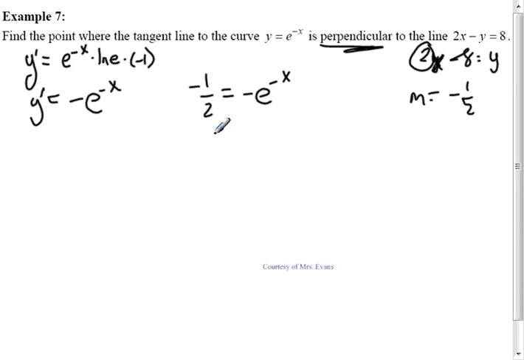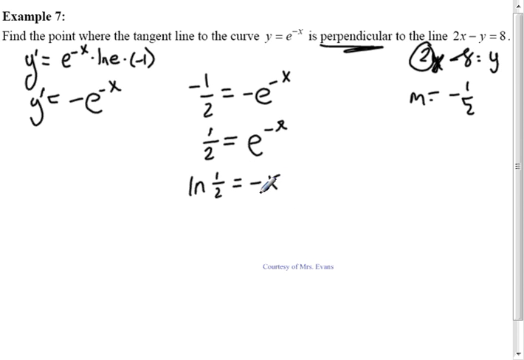So I could multiply both sides by negative 1, or divide by negative 1 to get rid of the negatives. The variable I'm trying to solve for is in the exponent, so I should rewrite this in exponential form, or think about it as taking the ln of both sides. So I get ln of 1/2 equals negative x.